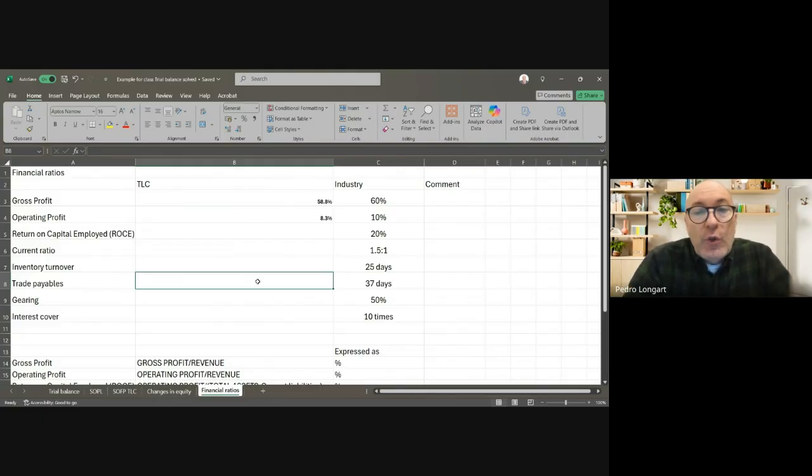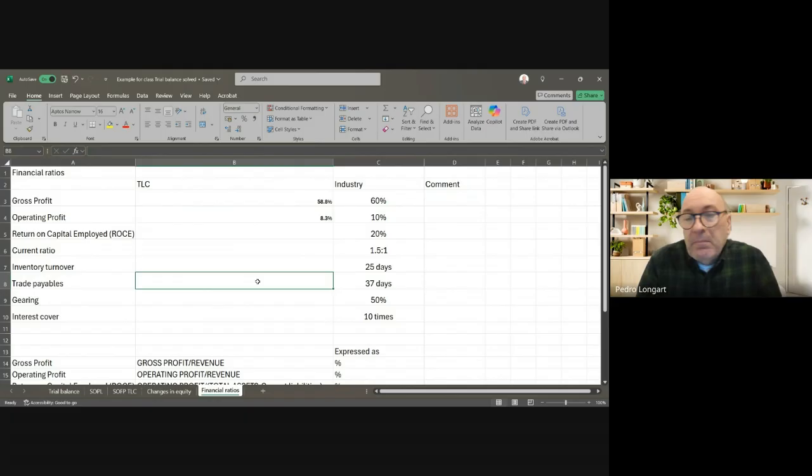If you don't use your assets effectively, that means you have a lot of capital that you are not using effectively. In this case, you want this percentage to be higher. But again, you have to compare with the benchmarks of the industry, okay?